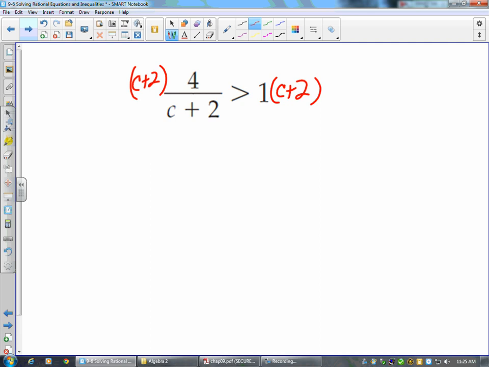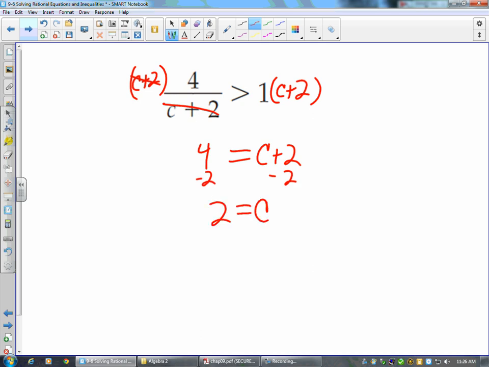Because if it's negative, I need to flip the sign, but if it's positive, the sign stays the same. The problem is, because it's a variable, you can't tell. So what I want you to do is treat it like an equal sign. So when we cancel the top and bottom, we're just left with a 4 equals c plus 2. So if I minus 2 to both sides, we're left with c equals 2.